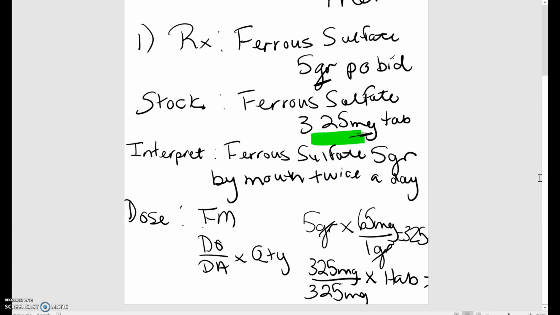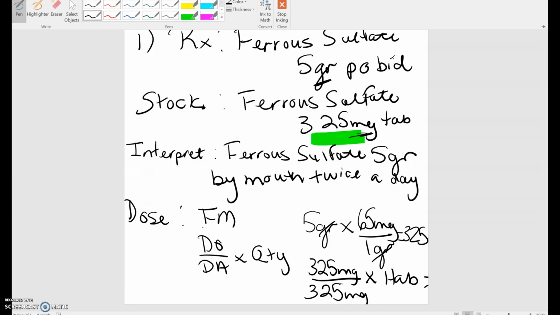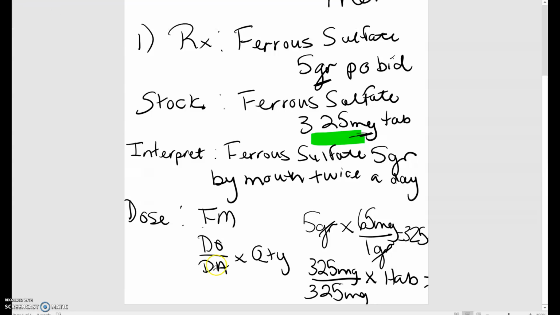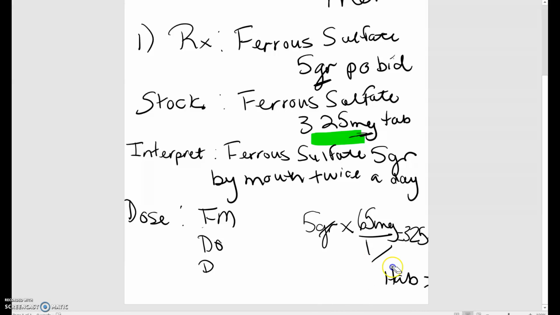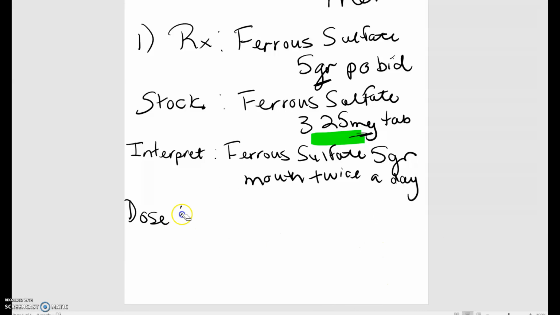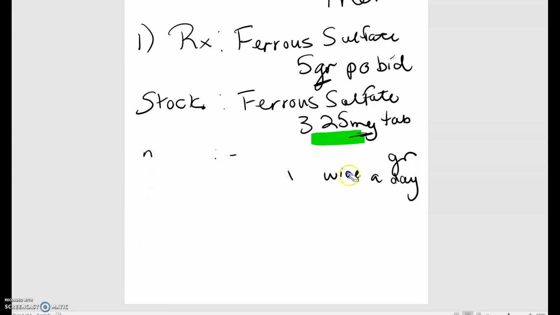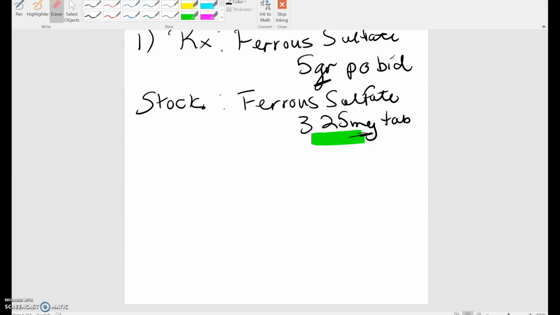And now the next section is for you to provide the prescription label. What would the prescription label read? Remember, the prescription label is for who to understand? It's for the patient to understand.